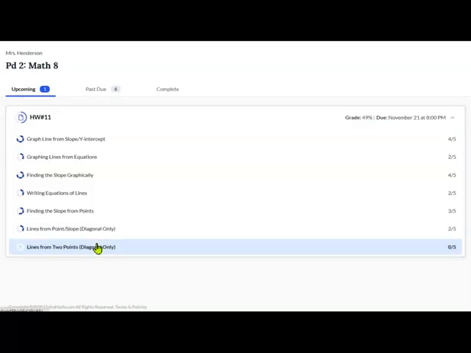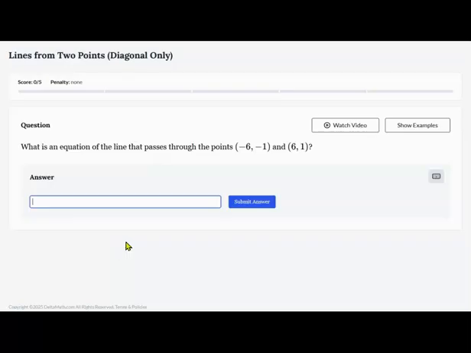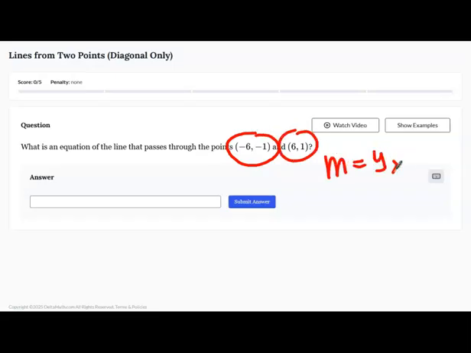The last topic is the same as the one we just did, except they're not going to tell you the slope. So you have an additional work step here. You need to take these 2 points and find the slope yourself using the slope formula. Then I can use that point and slope strategy. So first, I need to find my slope.